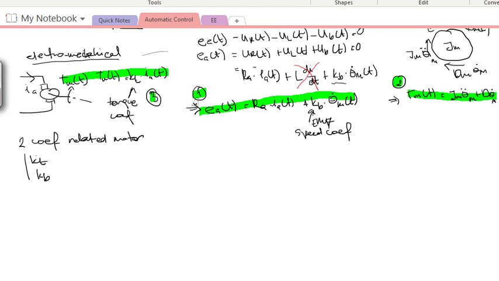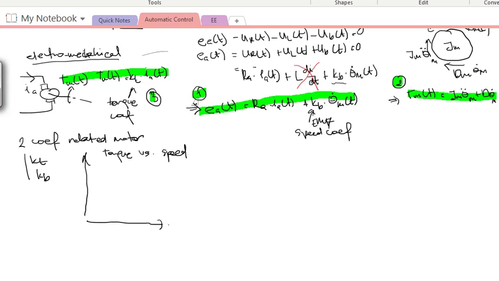How do we find these coefficients? To find them, what you have to do is find the torque-speed graph in the data sheet, a graph of the operating points that describes the area of torque versus speed where the motor can operate.